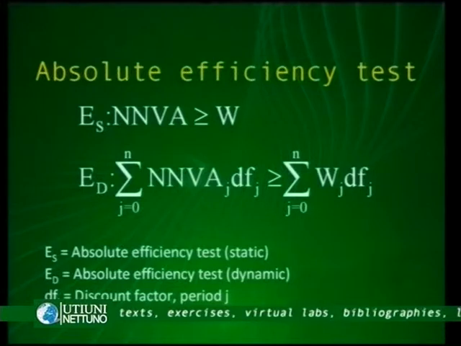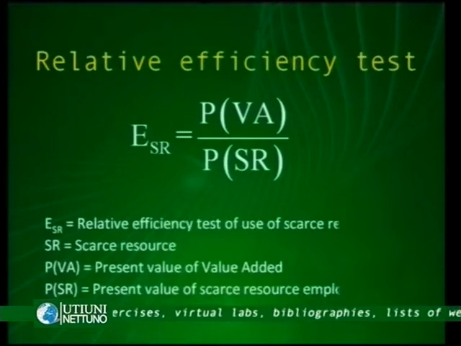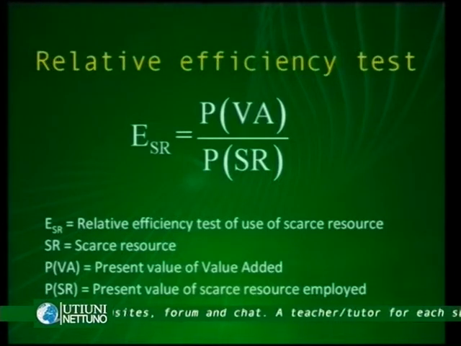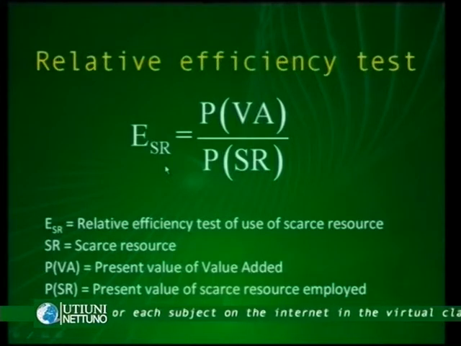The second test that is typically applied by UNIDO to value the analysis is the relative efficiency test of use of scarce resources. The test is illustrated in this slide, and you see that it's based on a ratio between the present value of value added, that is what we have defined so far.